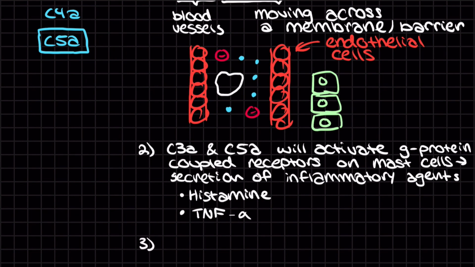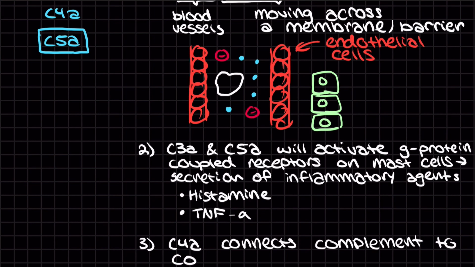The next function has to do with C4a. C4a's function is slightly different than C3a and C5a because the GPCRs that the immune cells have don't respond to C4a. However, C4a is what connects complement to coagulation, in this context referring to the clotting cascade.